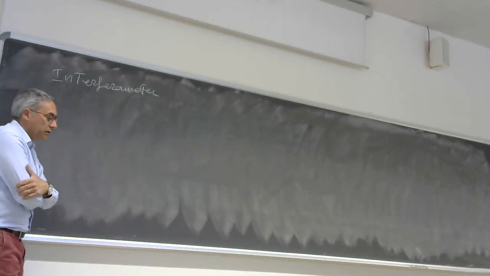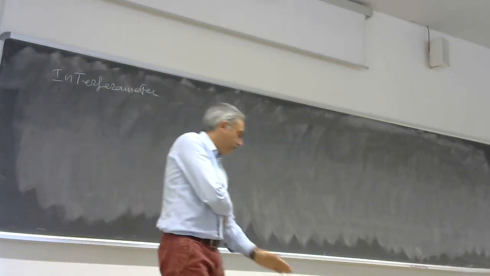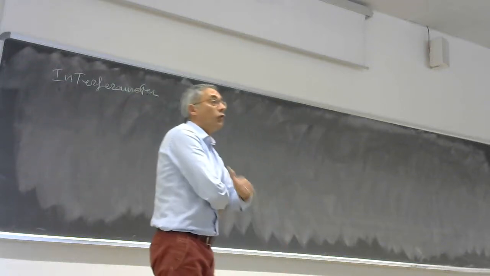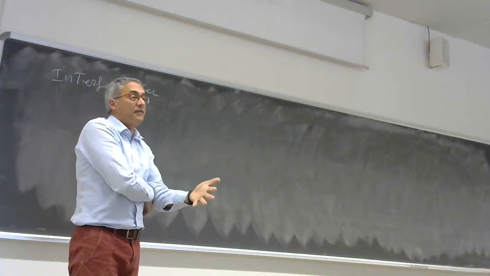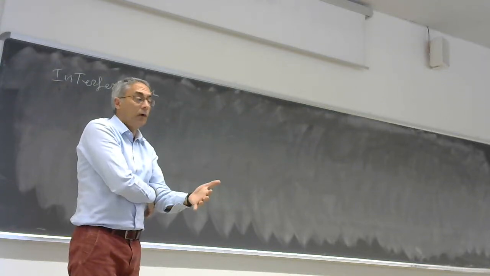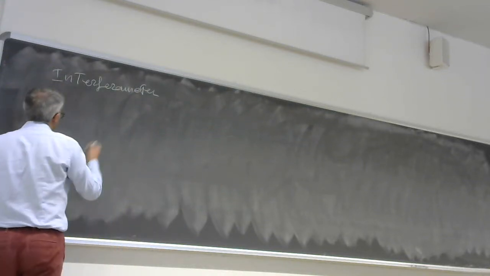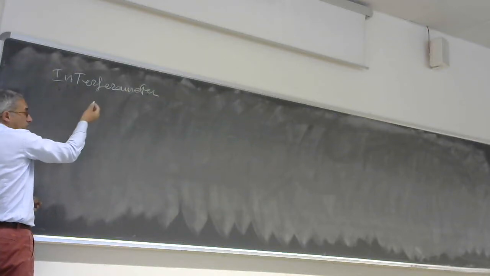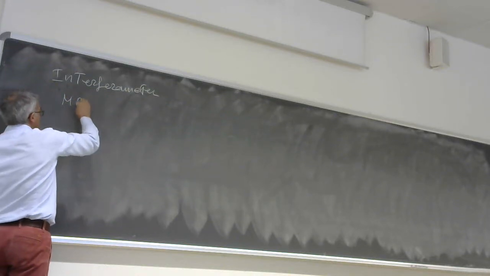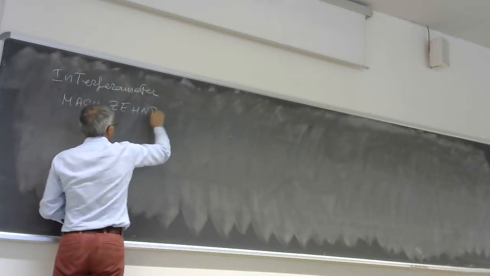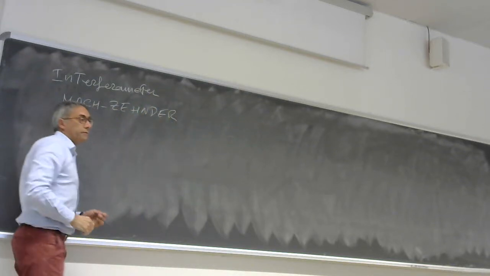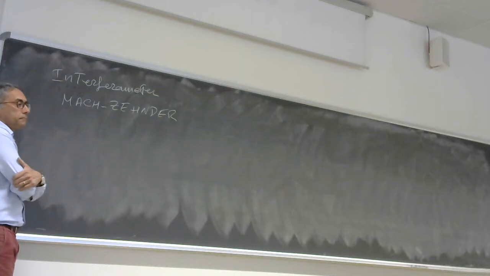So you can imagine that there are several kinds of ways to combine beams to produce an interference. And we start from one of the most used and famous, that is the Mach-Zehnder interferometer.